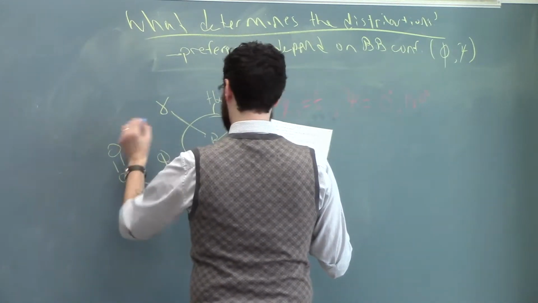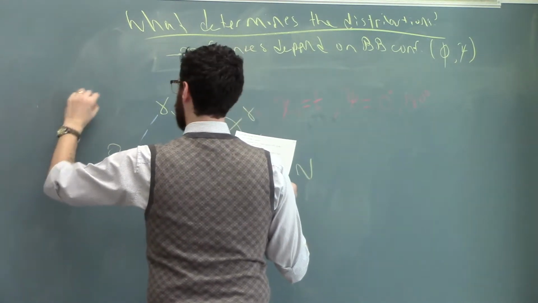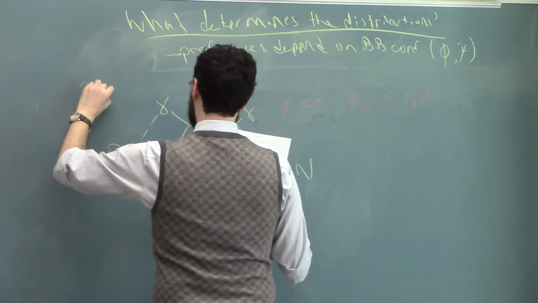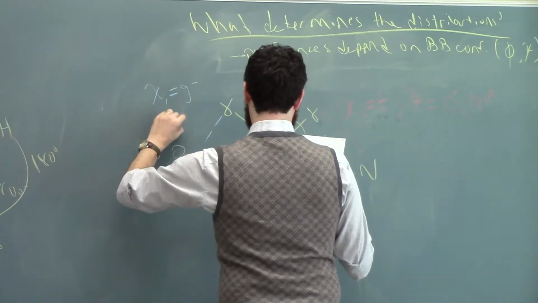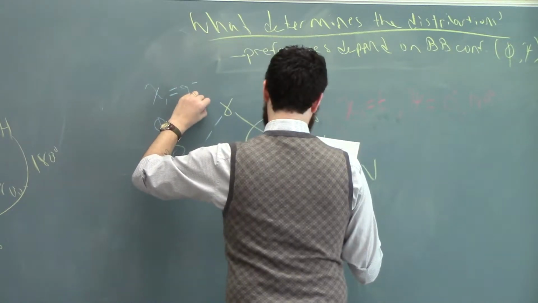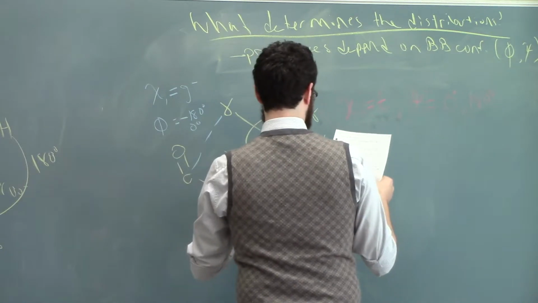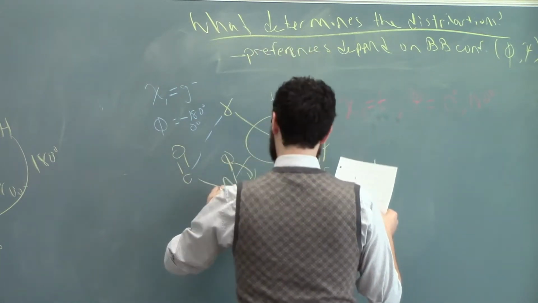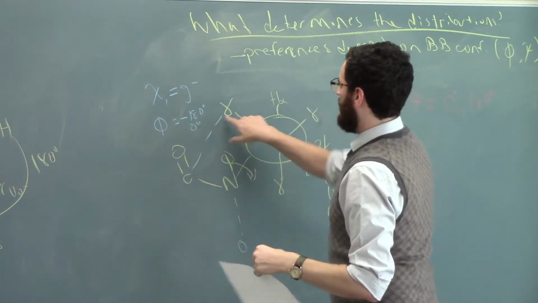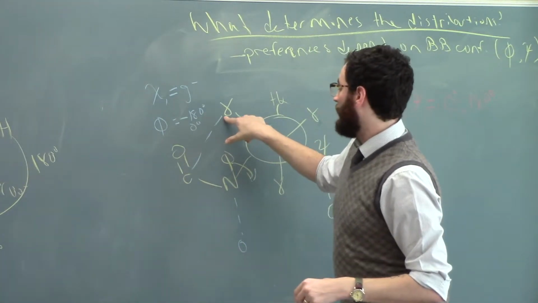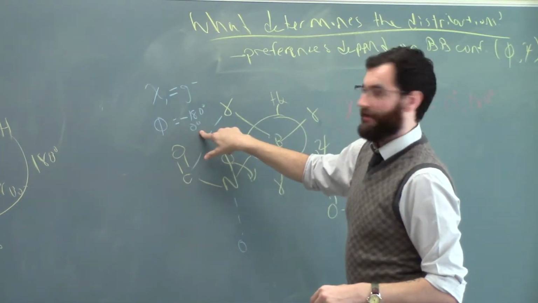Likewise, if we're in the gauche minus, we can also clash with the backbone if the phi is 0 or 180.